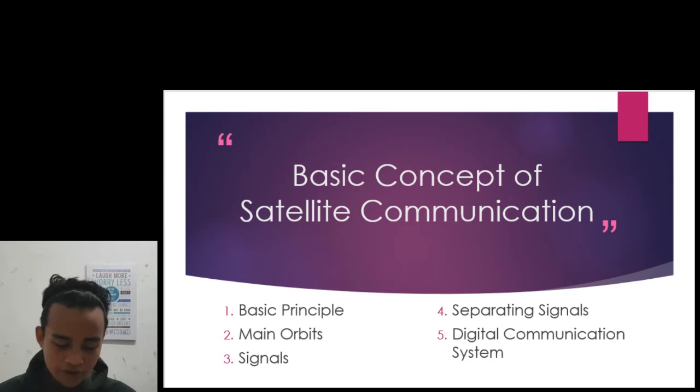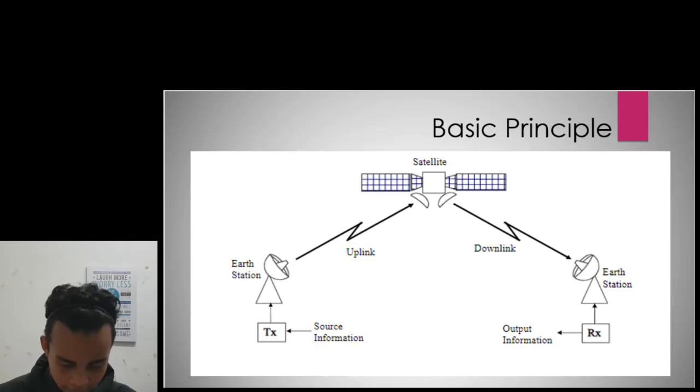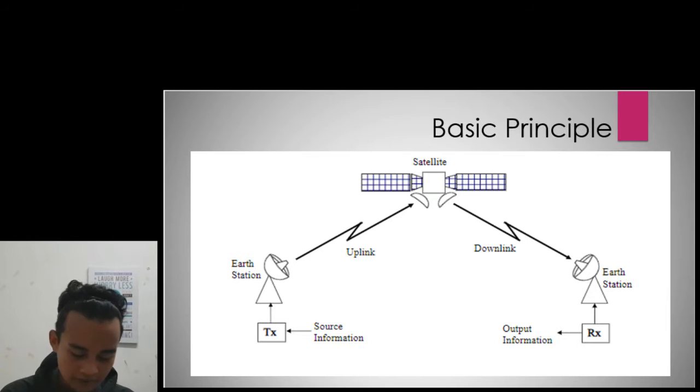So, the basic concept of satellite communication. First, we have a station in one place, for example place A, to transmit the source information to the satellite. We call that process uplink.